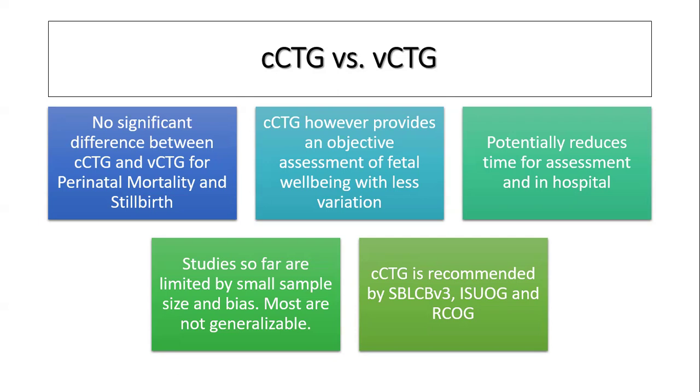However, we know that computerized CTG is objective because it objectively calculates an STV, which you cannot calculate in visual CTG. So that's an objective measure, which is a predictor of fetal acidemia. We also know that the output of computerized CTG is more reproducible. And from the Saving Babies Lives version 3 manual, we realized that a lot of the stillbirth was due to CTG misinterpretation.